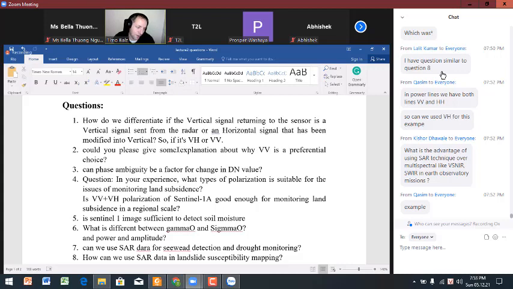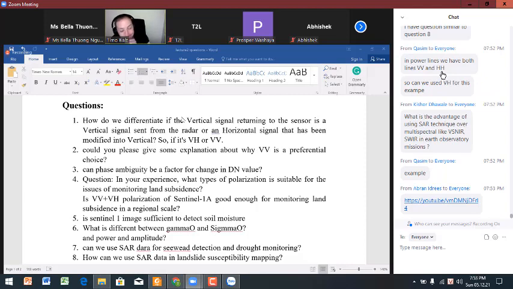Question 4. In your experience, what types of polarization are suitable for monitoring land subsidence? Is VV plus VH good enough for monitoring land subsidence on a regional scale? Yes. Typically for land subsidence, we would prefer VV instead of VH.